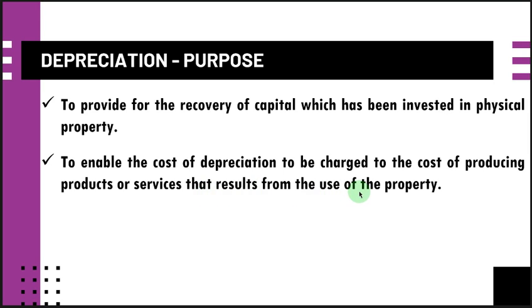Okay, so these are just the two purposes of the depreciation. So to provide the recovery of capital, you have to recover it, and then to enable the cost of depreciation to be charged to the cost of producing products or services that result from the use of the property.